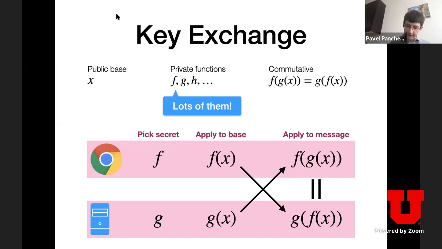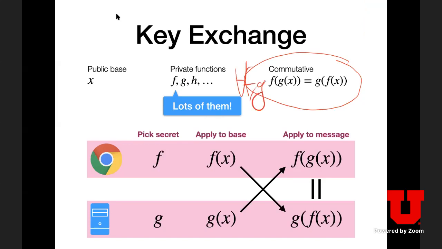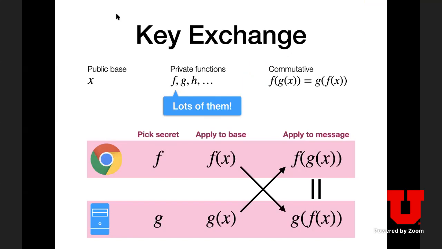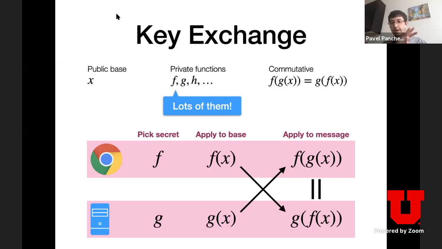Again, they're not inverses. The guarantee is no matter what numbers you generate, the functions that those numbers represent always commute. Oh, it's commutative. F and G, yeah, that's what I mean. Oh, it's commutative. Okay, yeah. Thank you.